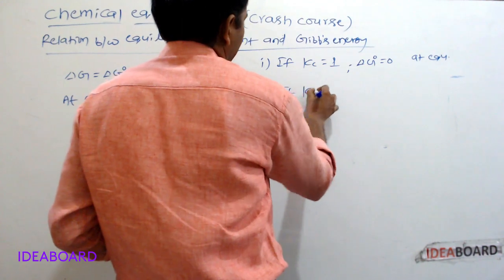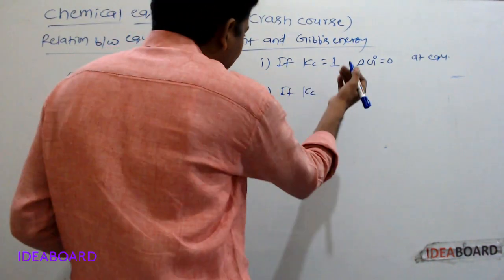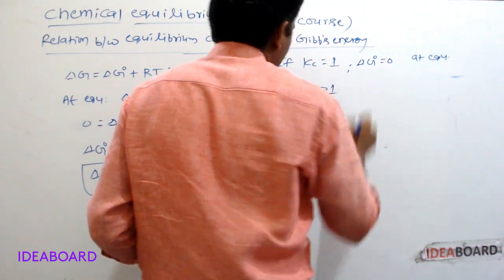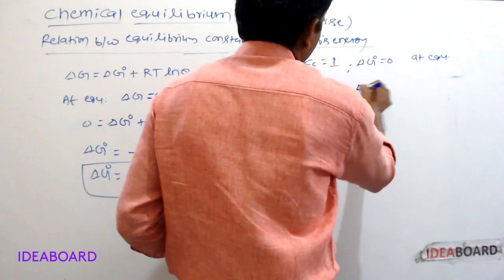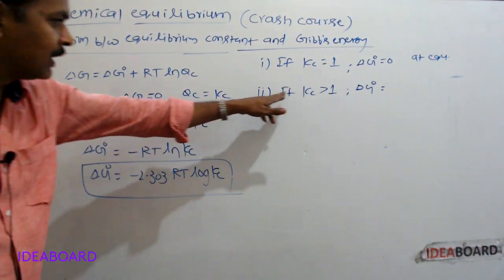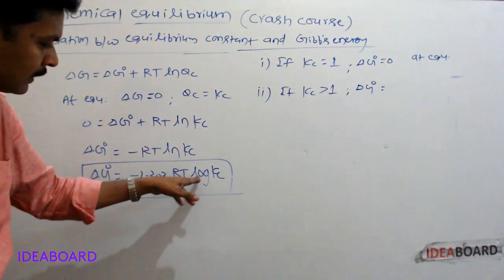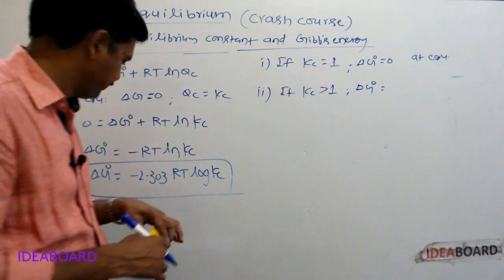If the Kc value is greater than 1, delta G naught should be negative. Take Kc as 10, log 10 is 1, so we get a negative value.